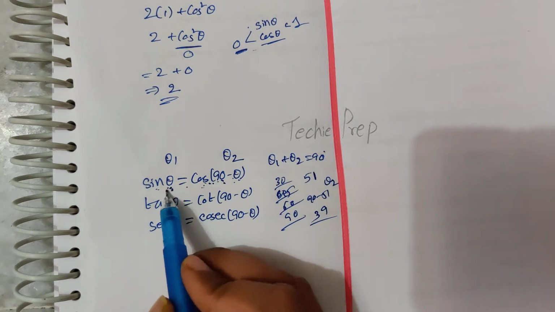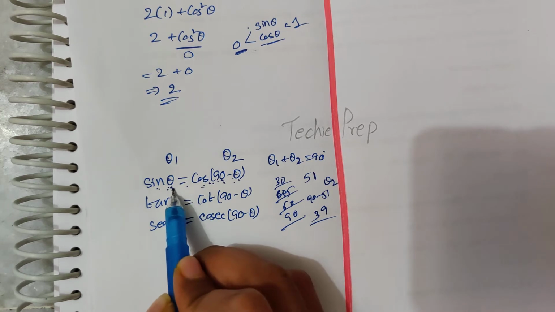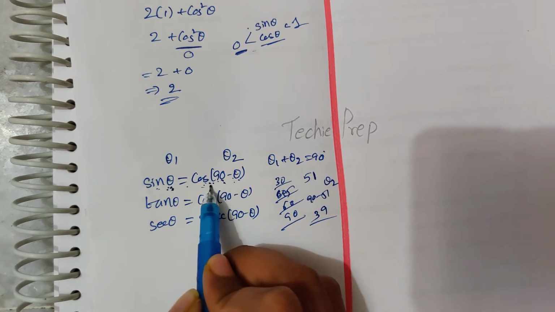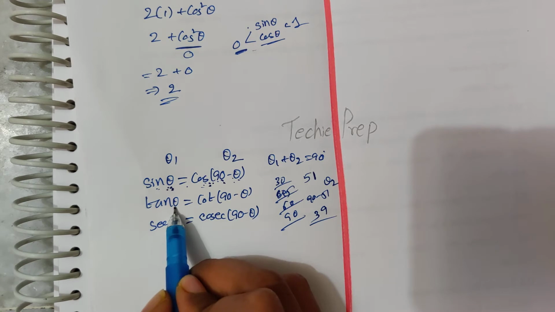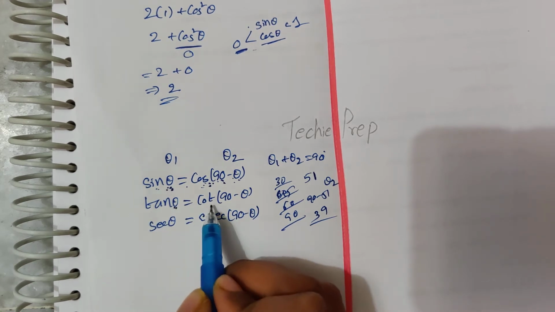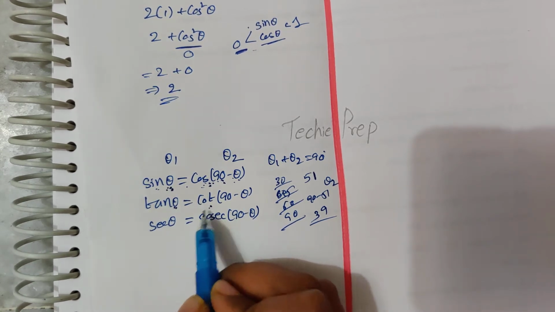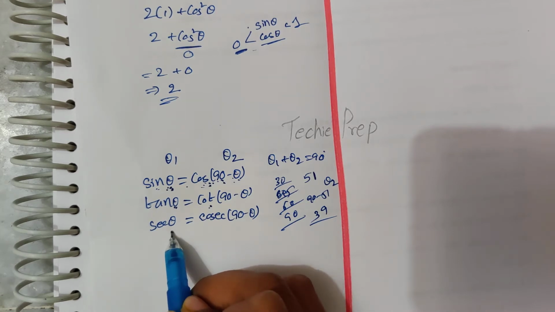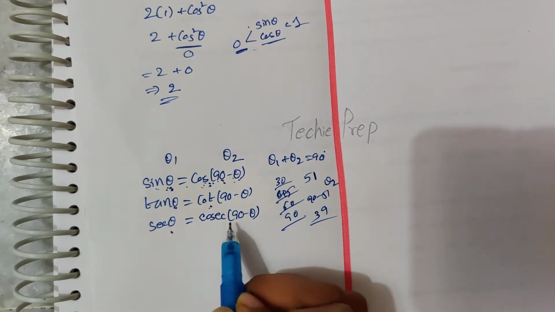If sine 51 is given, we can directly write it as cos 39. If tan 51 is given, we can write it as cot 39. Similarly, if secant 51 is given, we can write it as cosecant 39.